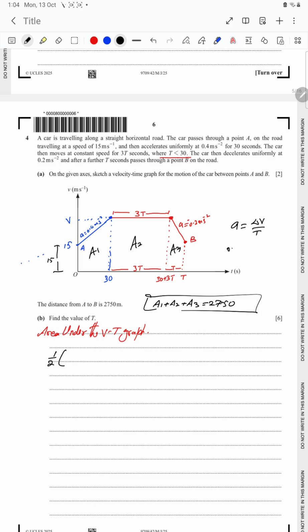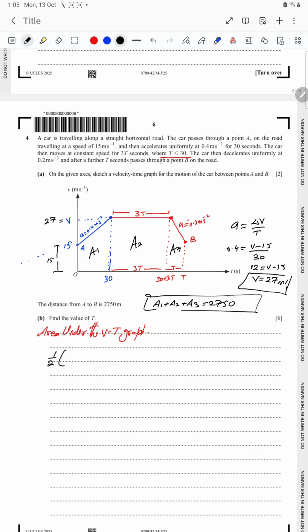So A is 0.4, del V is final velocity minus initial velocity, and the time taken was 30. So 30 times 0.4 is 12, which is equal to V minus 15. So V is equal to 27. This V is 27 meter per second.